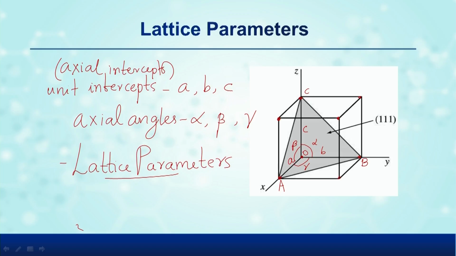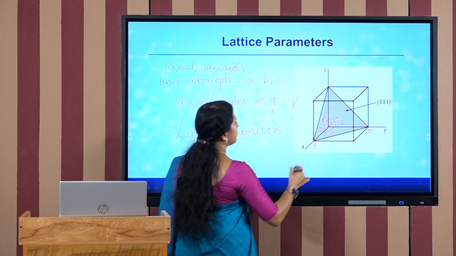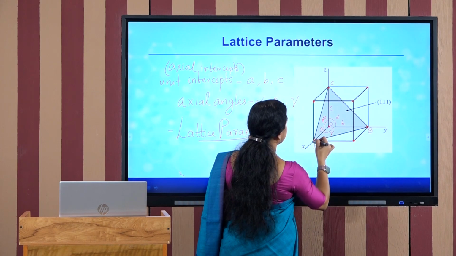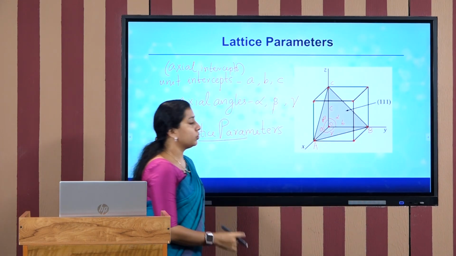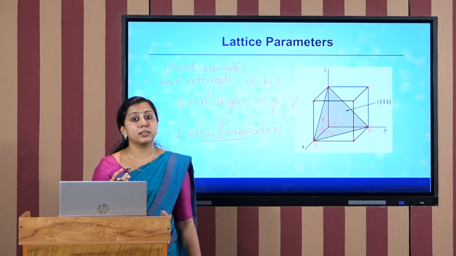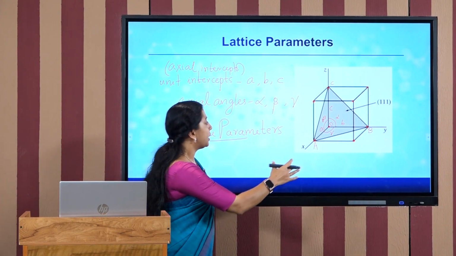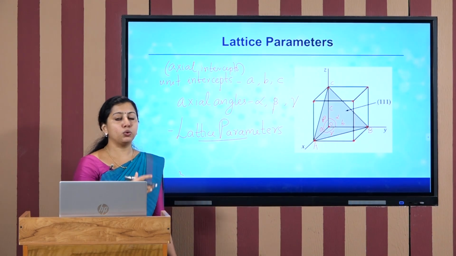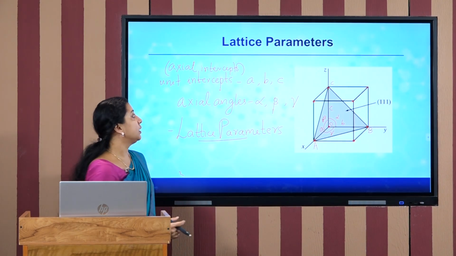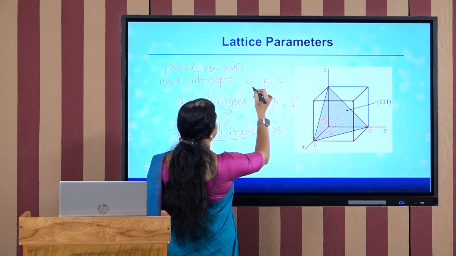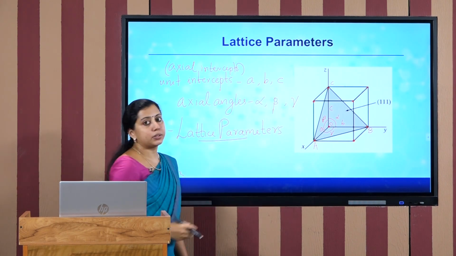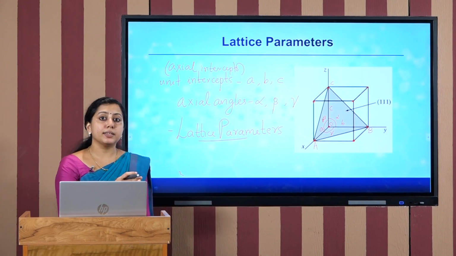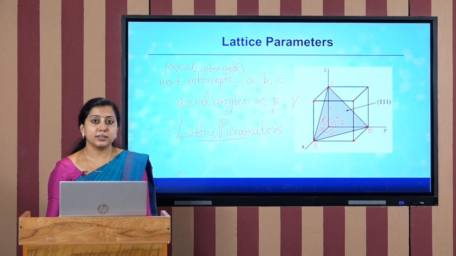Let us assume that the particles are at the corners, and you can see that this plane passes through all the three axes and through the structural units. So, the plane passes through the lattice points, and that is why these parameters are also called lattice parameters. We have two types of lattice parameters: the unit intercepts A, B and C, and the axial angles alpha, beta and gamma. So, these 6 parameters characterize a unit cell.